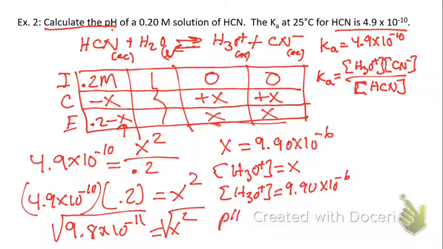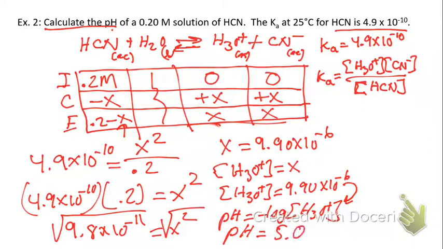Therefore, the pH, which is equal to the negative log of the hydronium ion concentration, can be found. We just plug x into our equation, and I will find that the pH is equal to 5.0. And that gives me my answer for this problem.